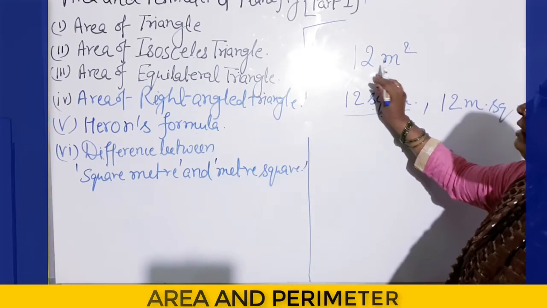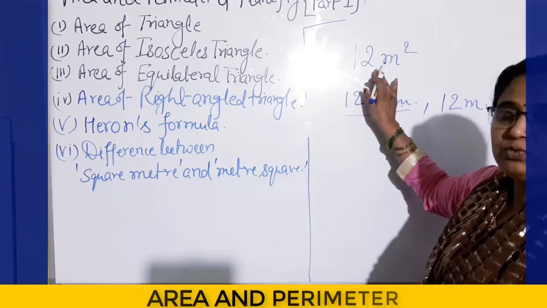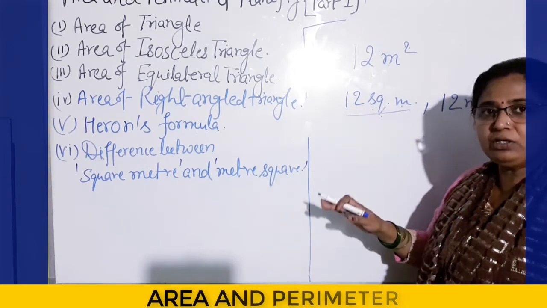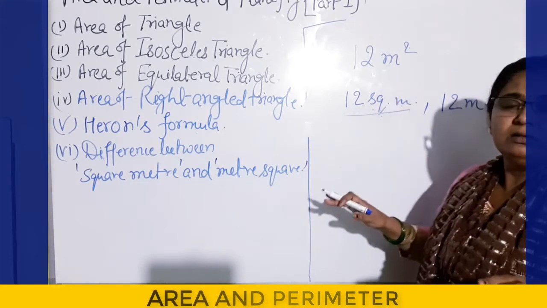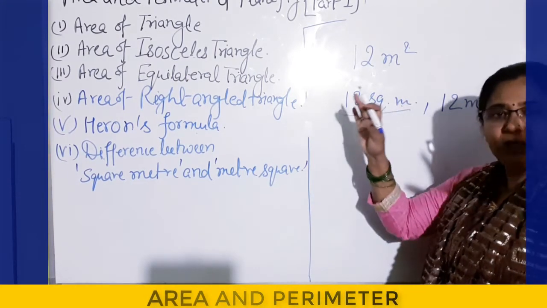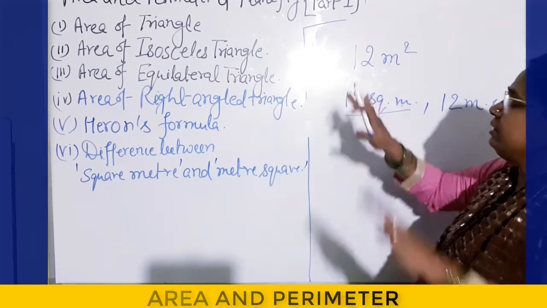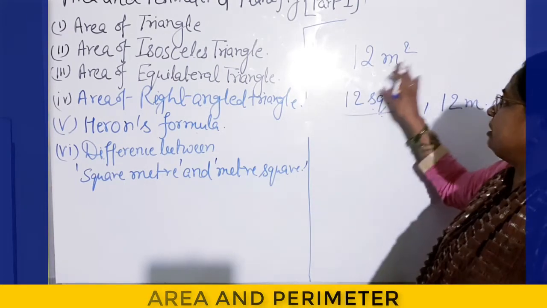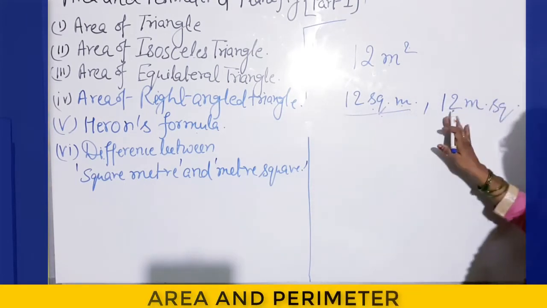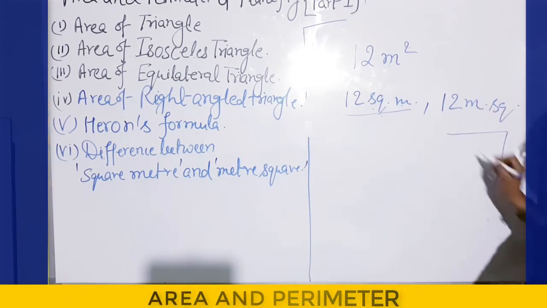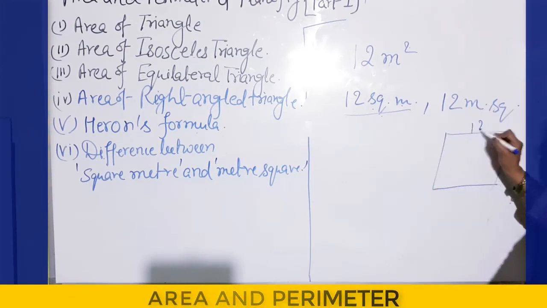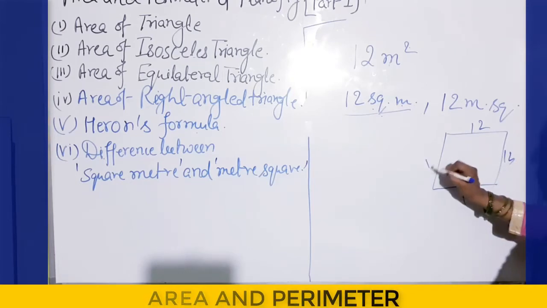After writing like this, we will also say 12 square meter. It is not a definition, it is the exact value of an area. It denotes the area. But 12 meter square means a square whose all sides are 12, 12, 12.